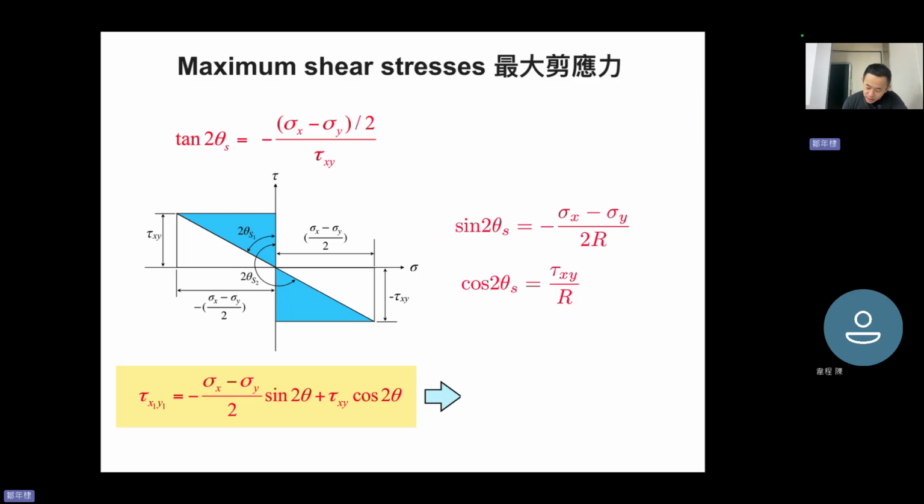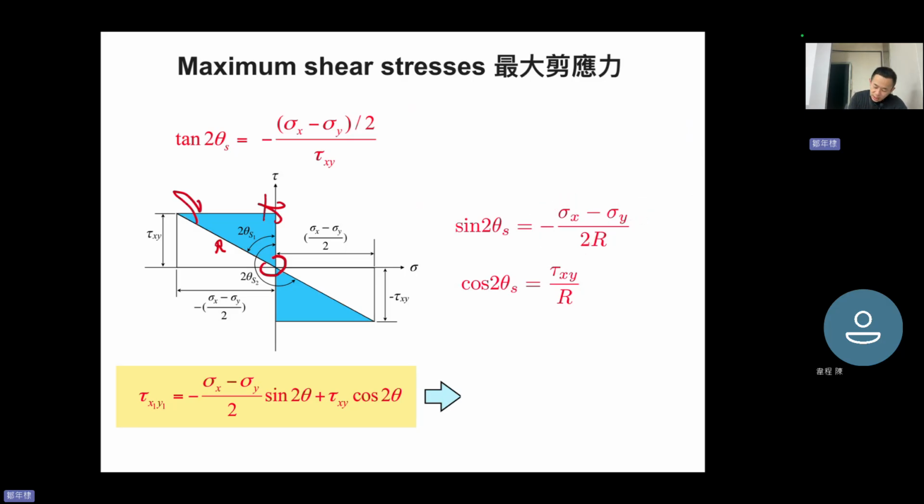So again, you have cosine, you have sine, you have tangent, and you have r here. So your sine 2 theta will be (sigma x minus sigma y)/2 over r.